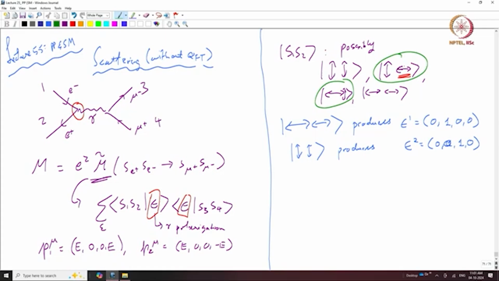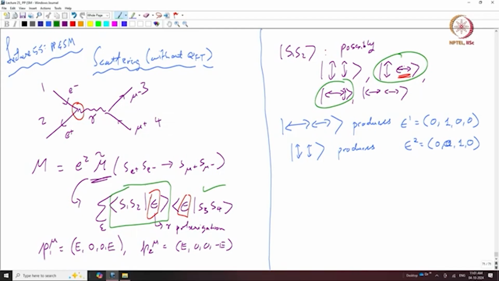All right. What about the final state? How can you think of this for the final state? So I have accounted for this particular term now. I've taken S1, S2, and then I know that I get these two polarizations. But I should still do this, right? The final state polarization also I should care about.